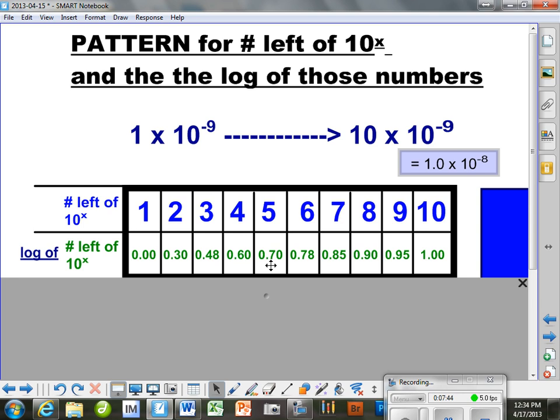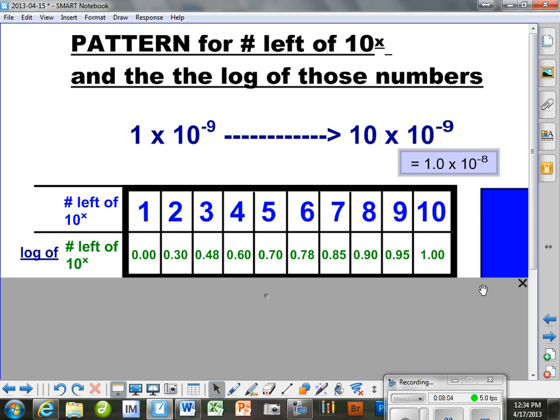And the log of 0.7 is the real number 5. And 9, when we take the log, is 0.95. 8, when we take its log, is 0.9.